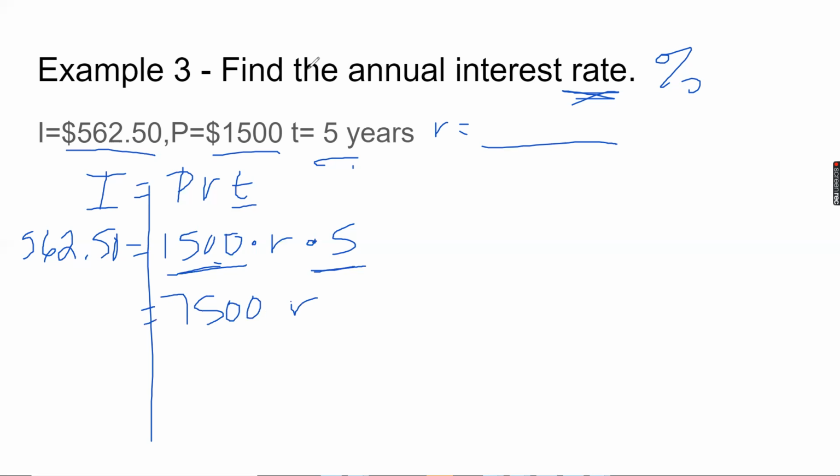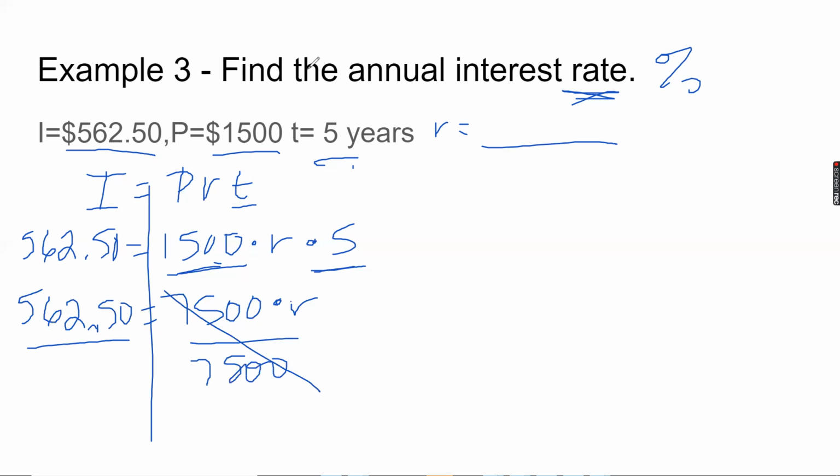And then on the left side, I still have $562.50. Now it looks like a one-step equation. Since there's multiplication happening between these two numbers, we're going to have to do the opposite, which is division. So we're dividing by the number we want to get rid of.